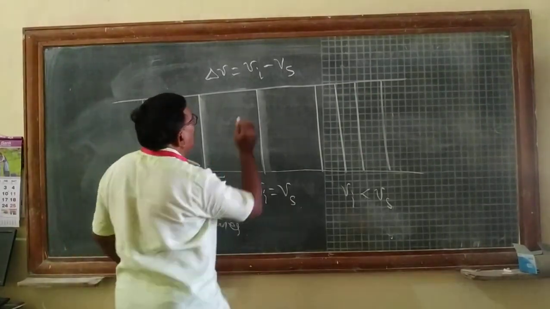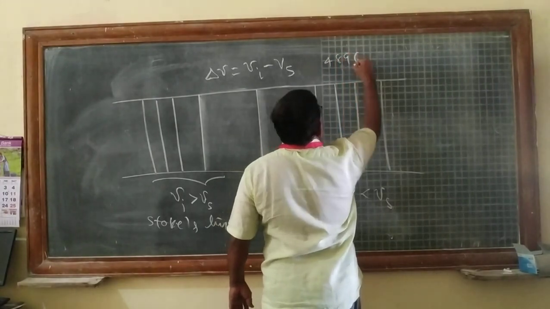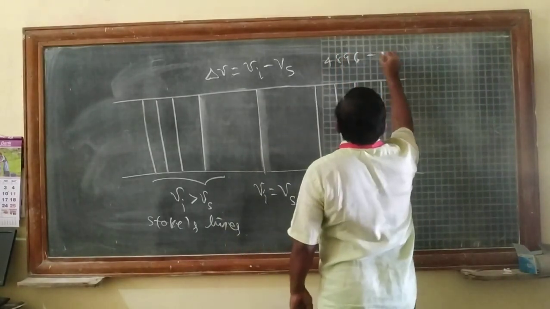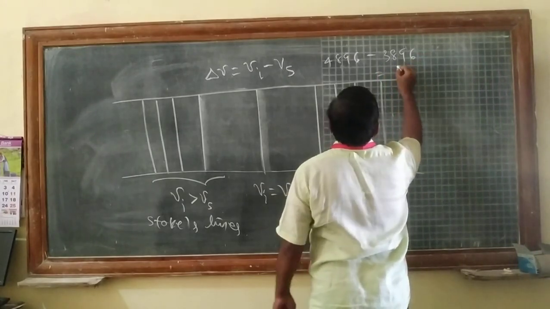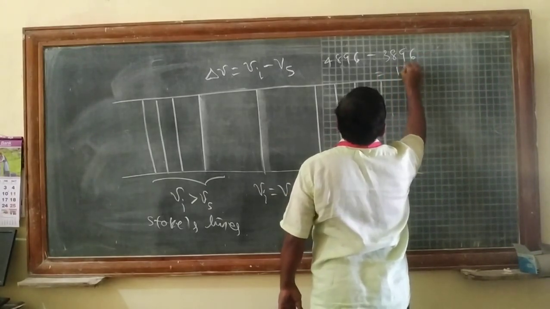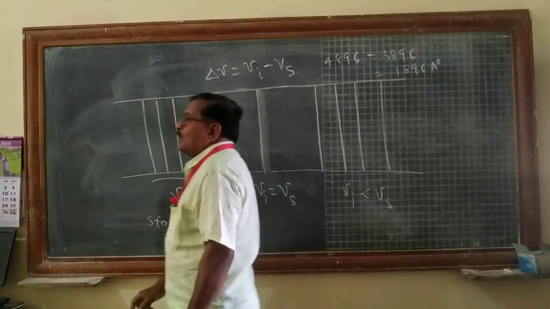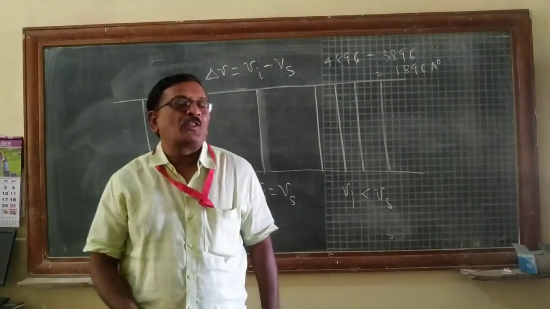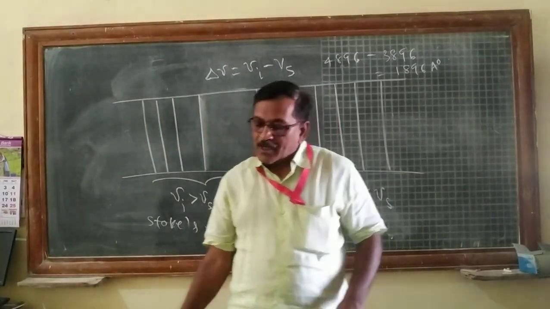Suppose, for example, ν_I is 4,896 and ν_S is 3,896. Then it gives 1,896 angstrom meter. So this frequency is called the Raman frequency or the Raman shift.